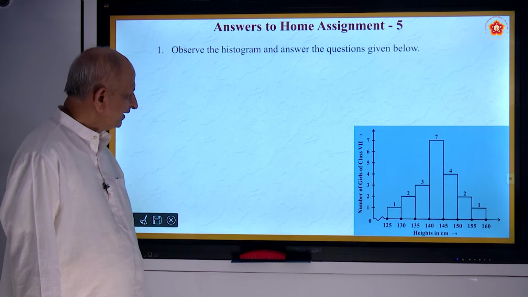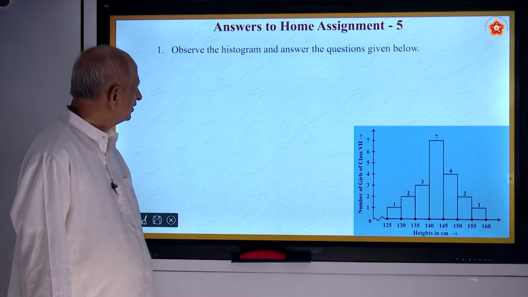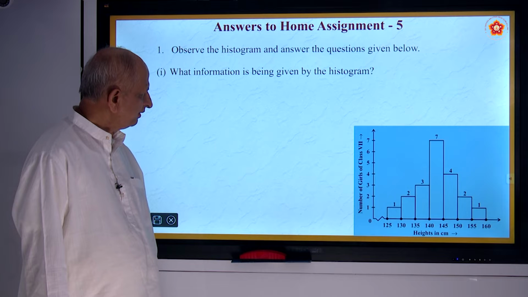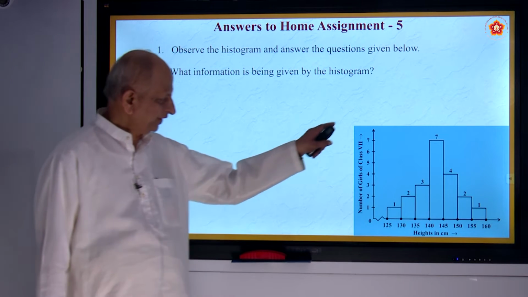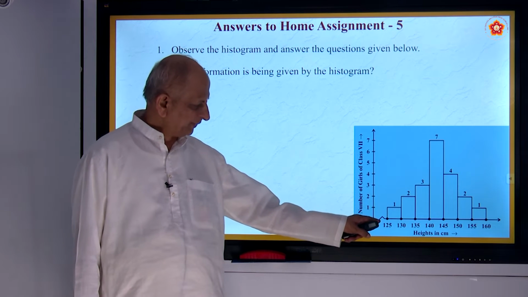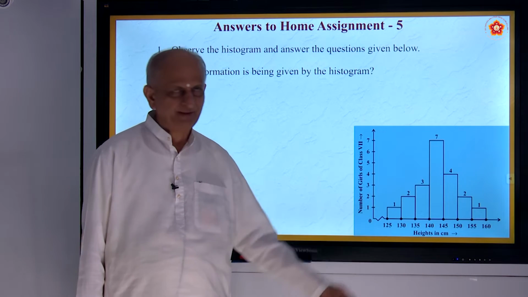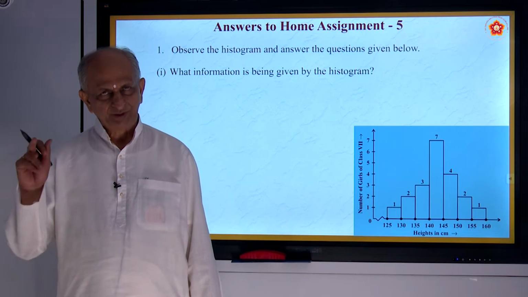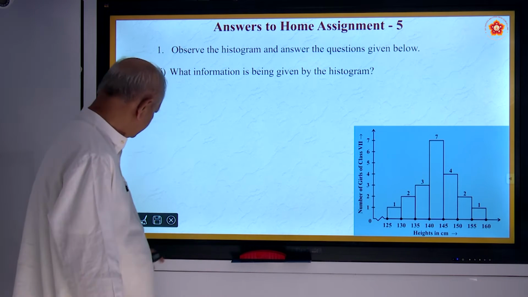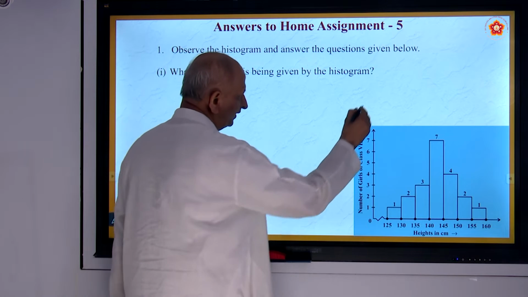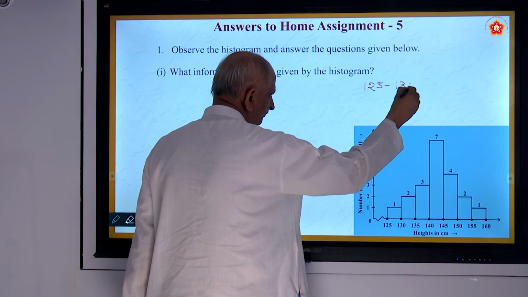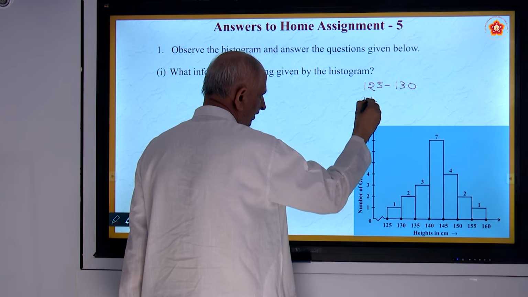The first and interesting question now. Observe the histogram and answer the questions given below. So this is the histogram. Here the class interval starts with 125 to 130. If 125 to 130 is there, what is the lower limit? 125, correct? So 125 is called the lower limit.